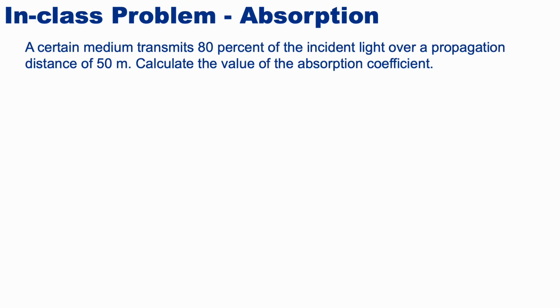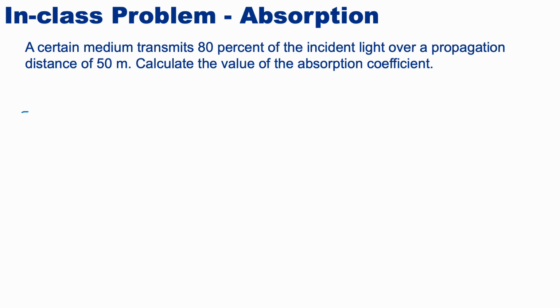So let's practice Beer's law a little bit. We have a certain medium that transmits 80% of the incident light after traveling a distance of 50 meters, and we want to estimate the absorption coefficient.